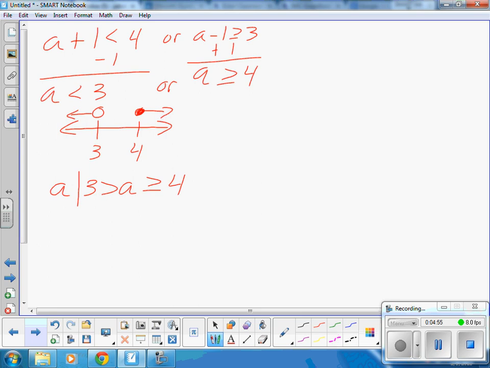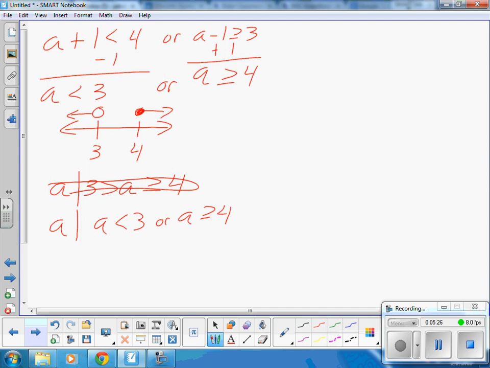That's one way of writing it. Another way of writing it: {a | a < 3 or a ≥ 4}. Actually, I like that way better. So that way we know that it is disjointed. There are two separate scenarios in that problem. It's not the same as the and, where they point toward each other.